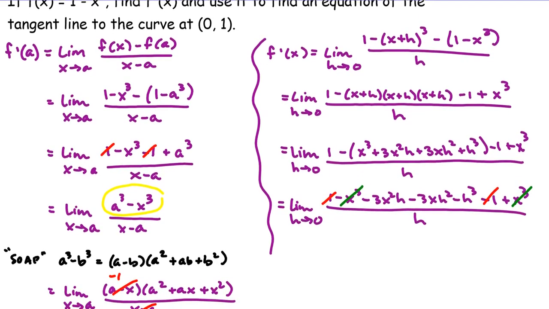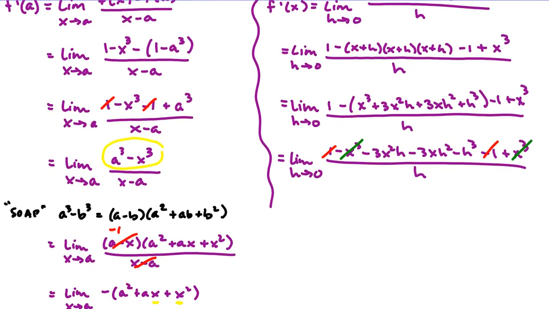Now, after you've had some experience with this, and I know you've been evaluating some limits or doing some other derivatives with this technique, what you should have left after canceling is just terms that are multiples of h, so that you can then factor h out of the numerator. If it doesn't work out that way, that tells you something went wrong. So let's factor h out of the numerator, leaving us with -3x squared minus 3xh minus h squared.